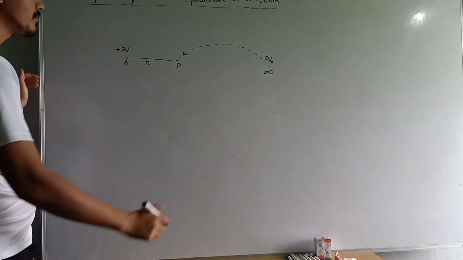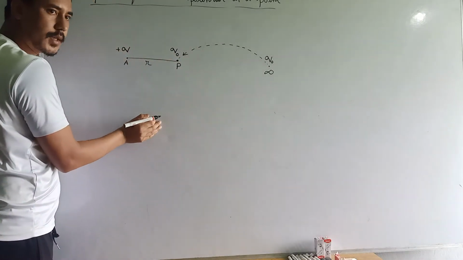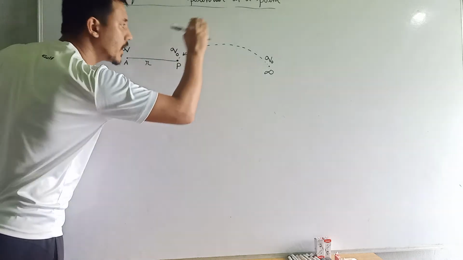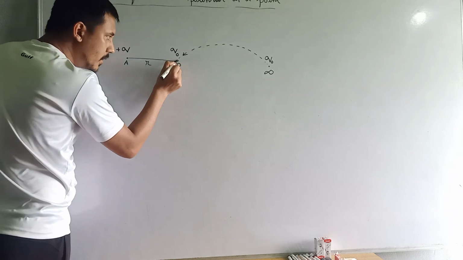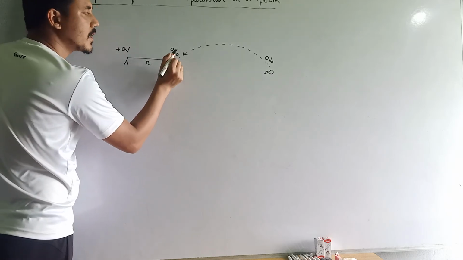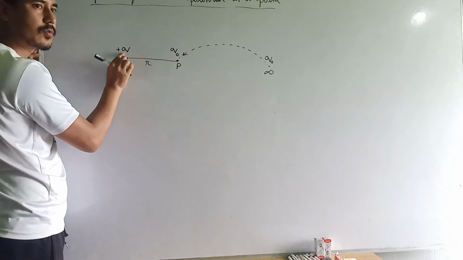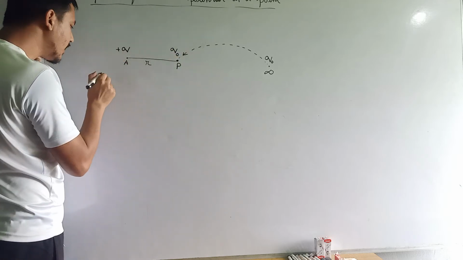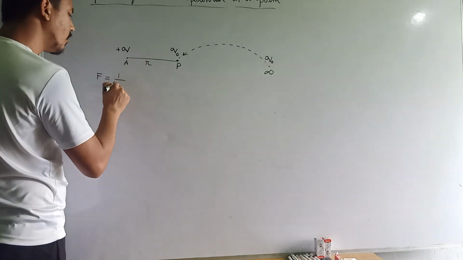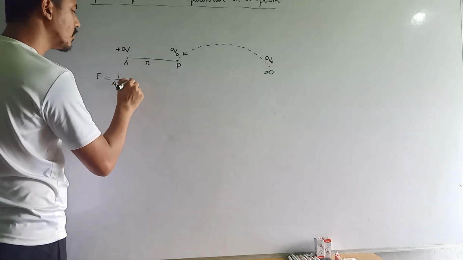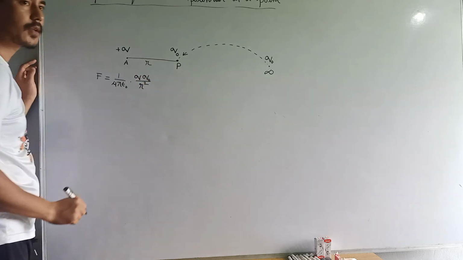Now see, I'm going to place the test charge at P now. Why? Because I'm going to take it from P to infinity, right? Now at P, there will be an electrostatic force acting on this Q naught due to this charge. That electrostatic force is given by, according to Coulomb's law, 1 by 4 pi epsilon naught into Q Q naught upon R square.